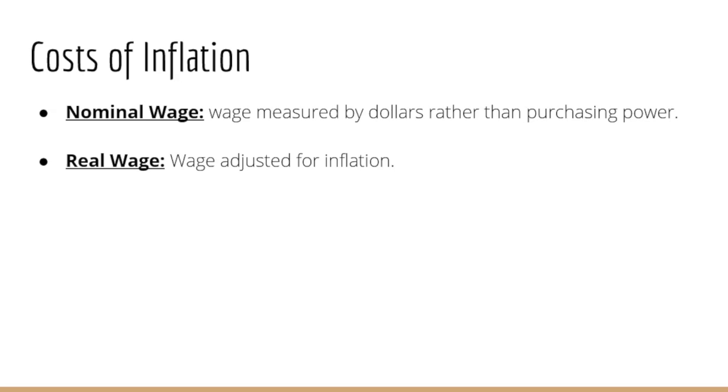However, whenever you see the word real in front of it, like real wage, that is wages adjusted for inflation. The same thing could be true for nominal GDP and real GDP, right? Nominal GDP is GDP that does not take into account inflation. Real GDP is GDP that takes into account inflation.